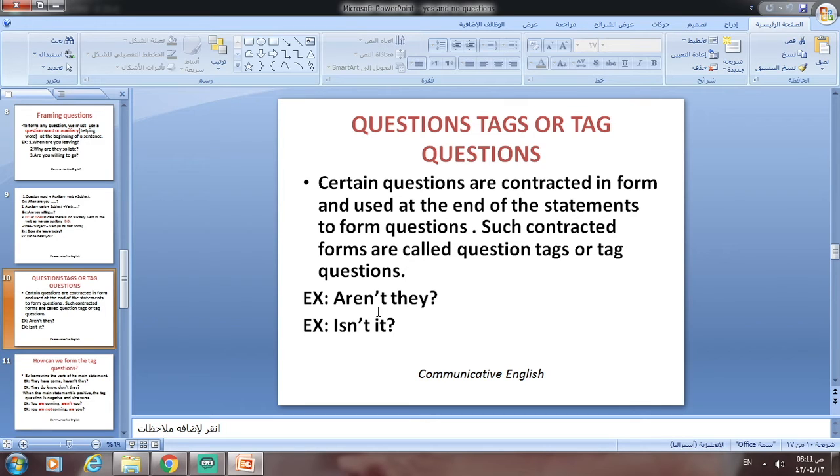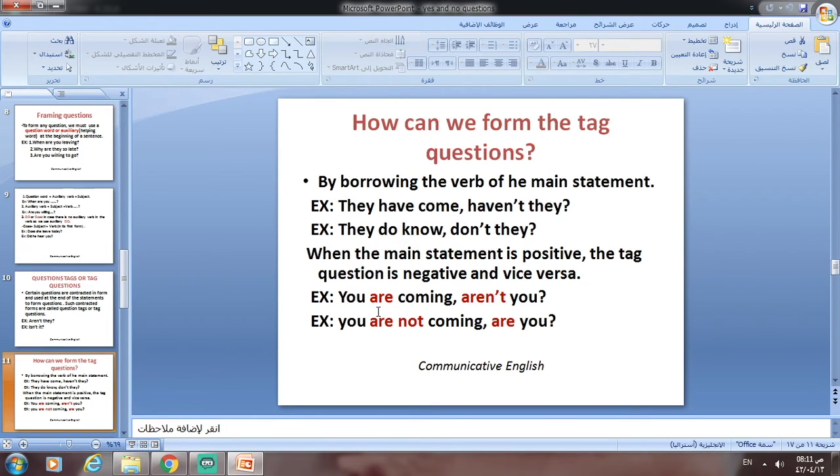But here there's another case: we put the question at the end of the sentence. Such contracted forms are called question tags or tag questions, like aren't they? Isn't it? Let's see some examples.